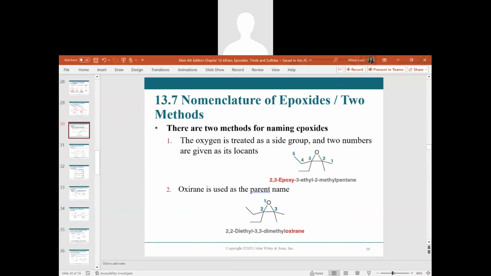The first method, we treat the oxygen as a side group. What we would do is find our longest carbon chain, which includes the oxygen as a side group. So we have here numbering 1 through 5. We would find that this would be a pentane parent, and we would name it as an alkane since there are all single bonds. And then between carbon 2 and 3, we have an epoxy side group.